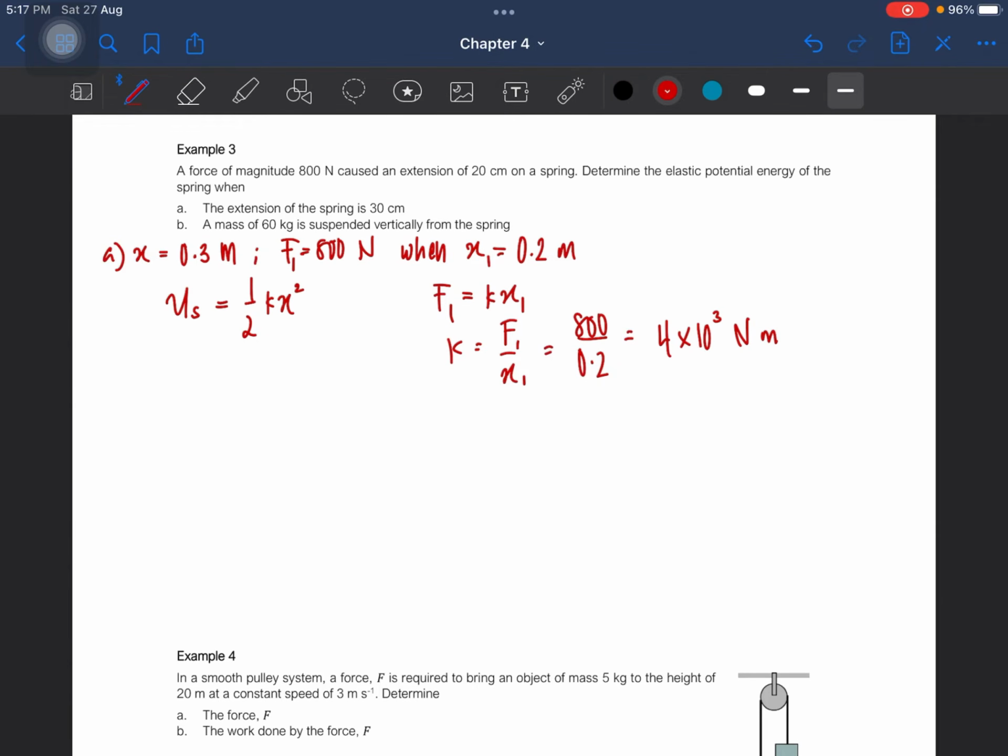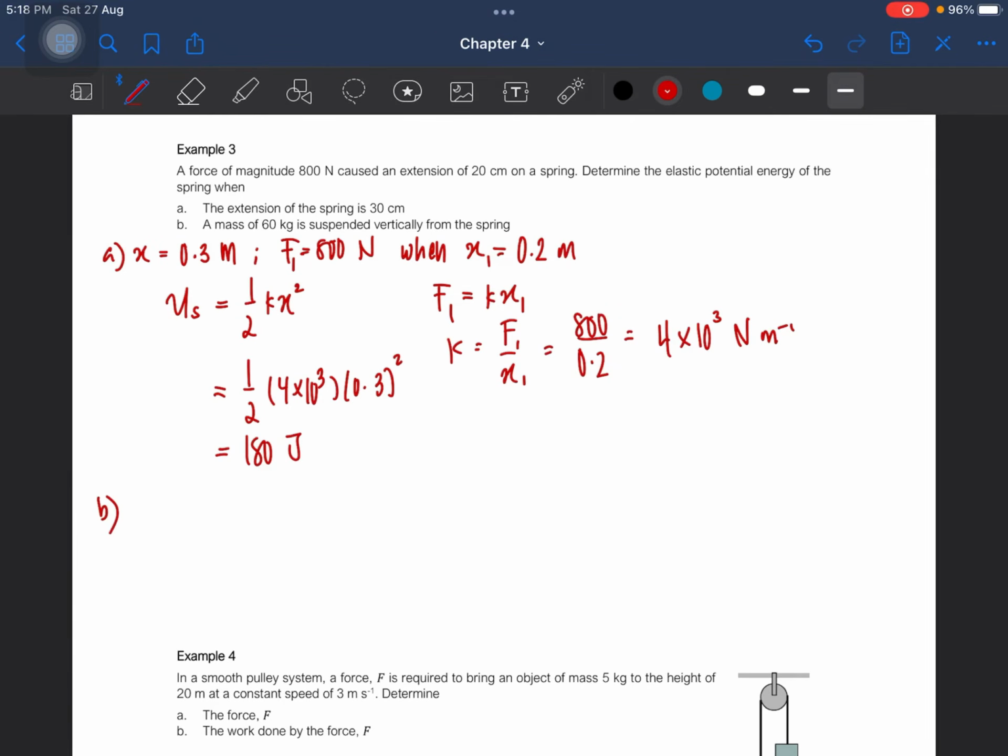Okay, so that is your spring constant. So that is gonna be half times 4 times 10 to the power of 3 times 0.3 square, dapatlah the elastic potential energy which is 180 joule.